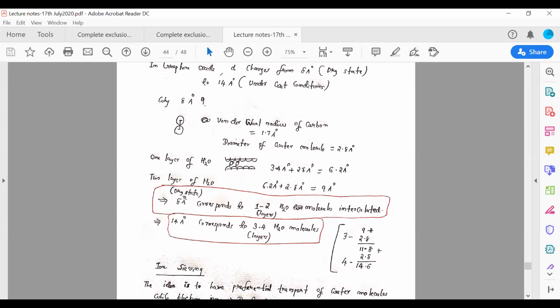So even at very small humidity, you still have 1 to 2 layers of water molecules intercalated. Experiments show that it is very hard to remove these 1 to 2 layers. And when you immerse the graphene oxide in water, the interlayer expands and accommodates 3 to 4 layers of water molecules.